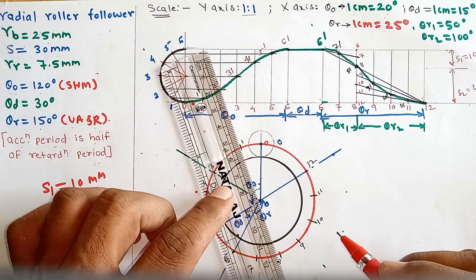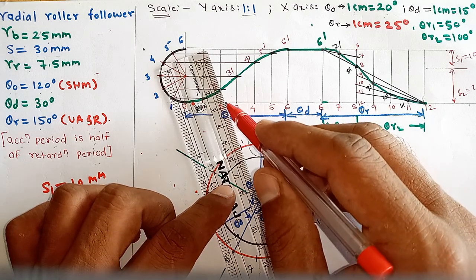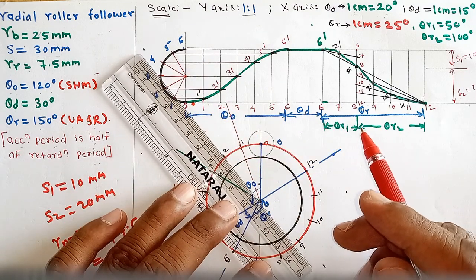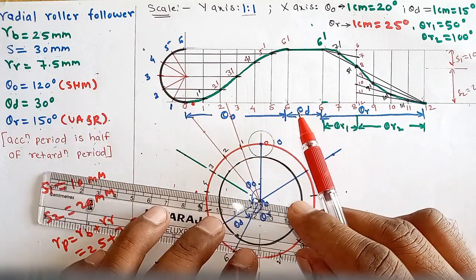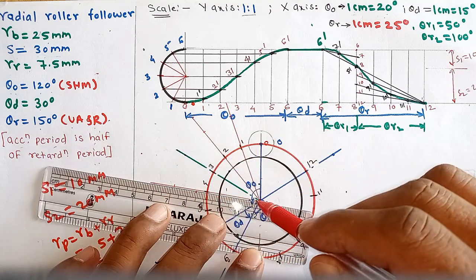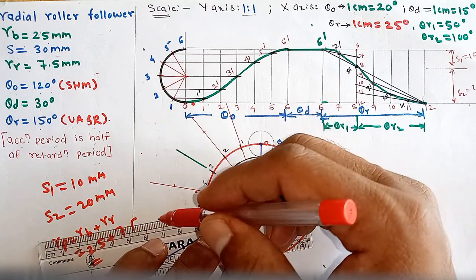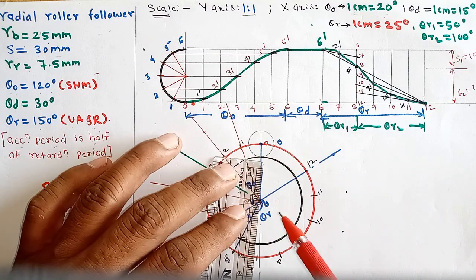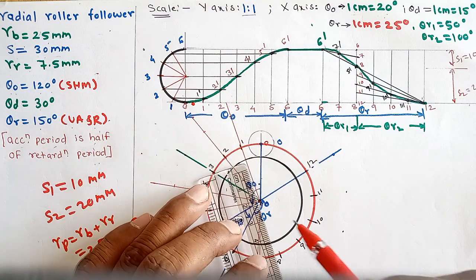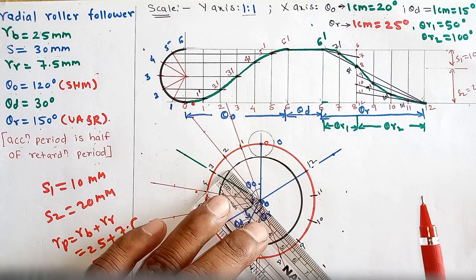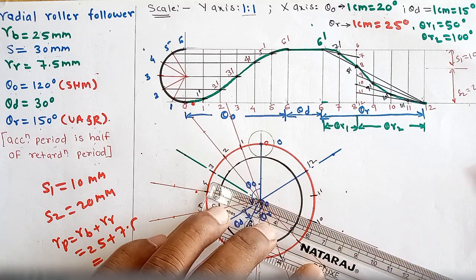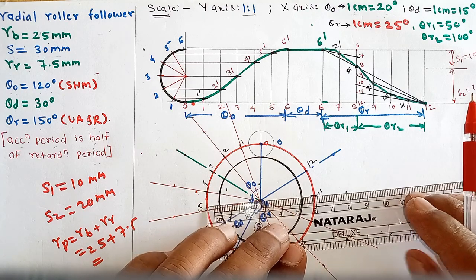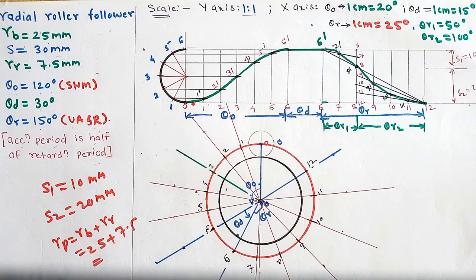So first of all, we'll draw the line of action of the follower at all these instants. It is a radial follower, so all the lines will pass through the division numbers and the center of the cam. Repeat the same procedure for the return stroke. This is because the follower is radial. The line of action of the follower at all the instants must pass through the center of the cam.